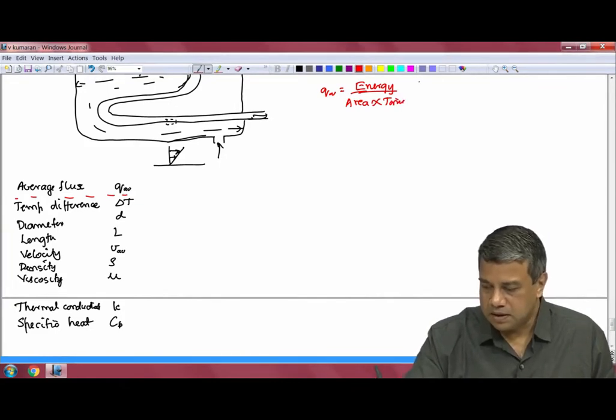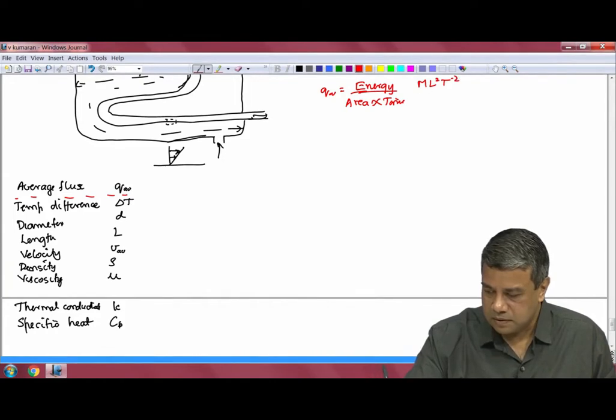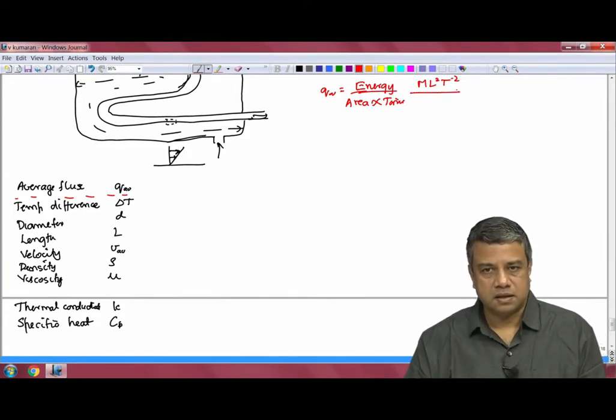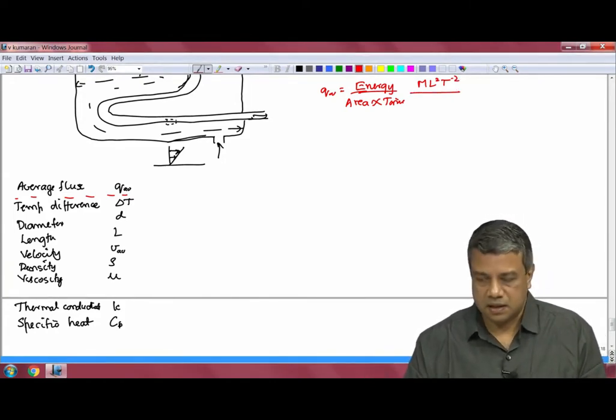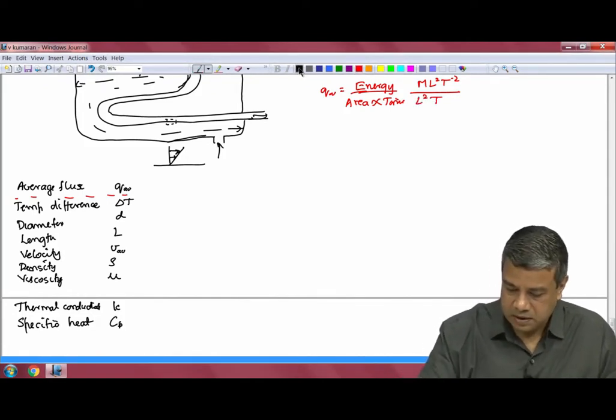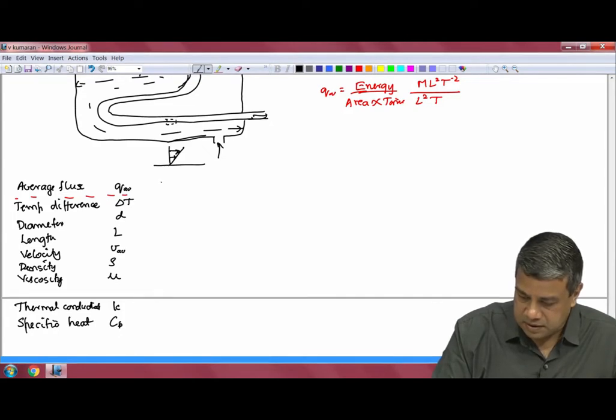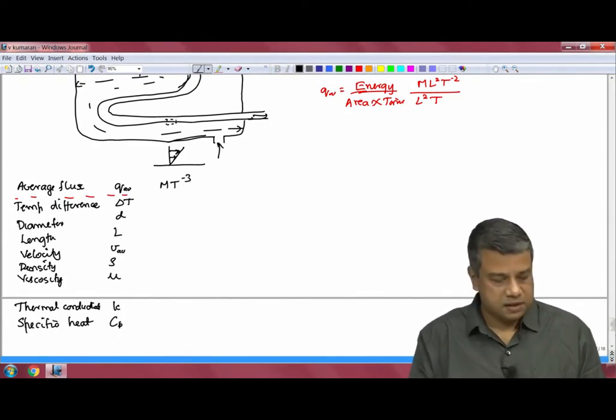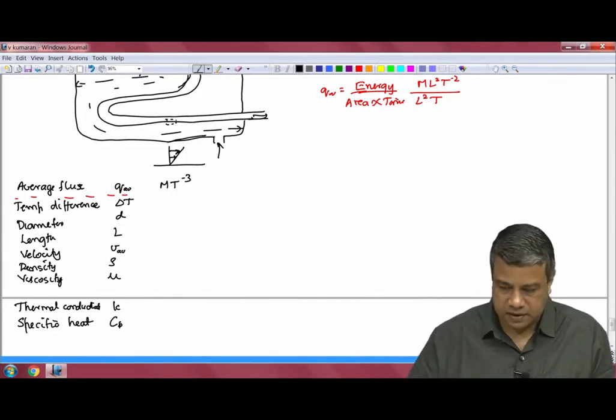Energy is mass length square T power minus 2. That is the force into distance, and area is length square, time is T. So, the dimension of this is m T power minus 3. That is the dimension of the average heat flux.